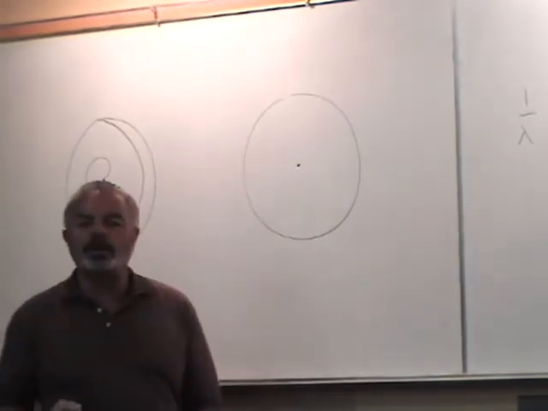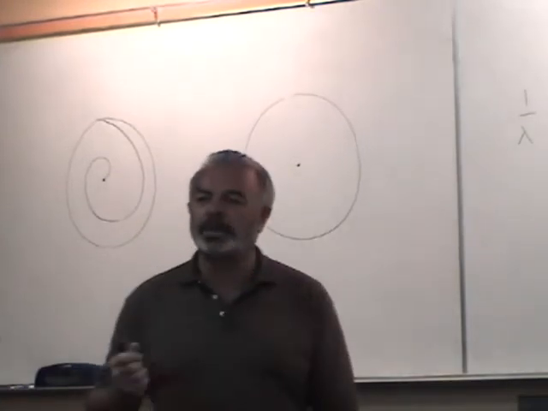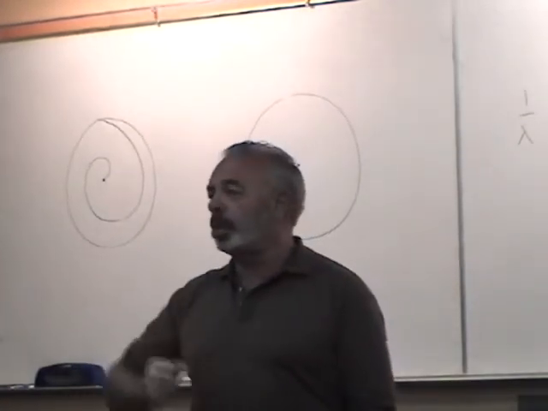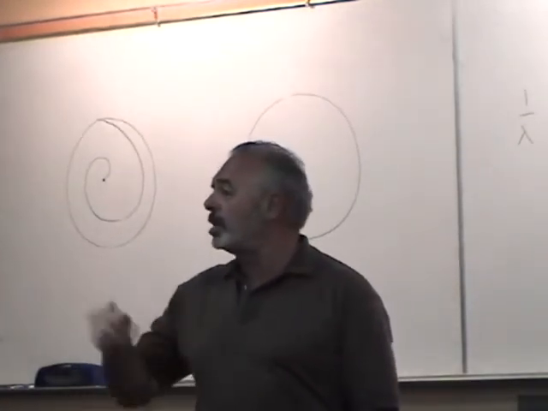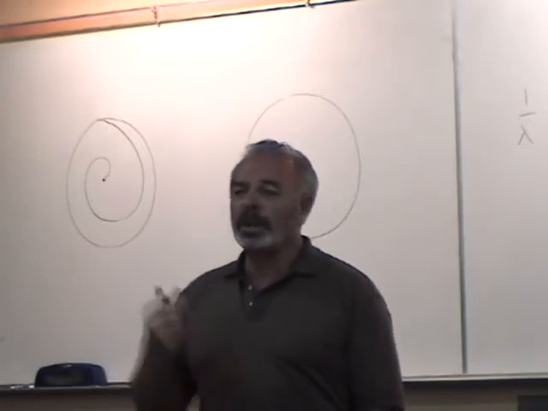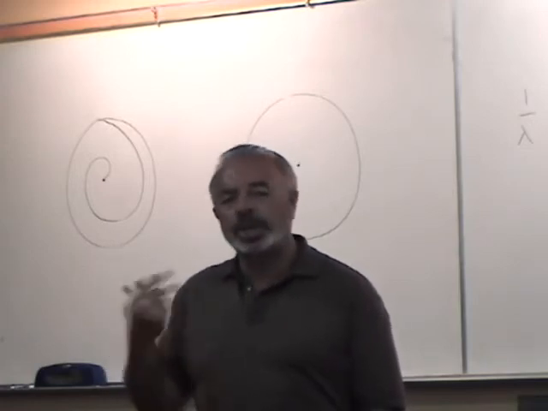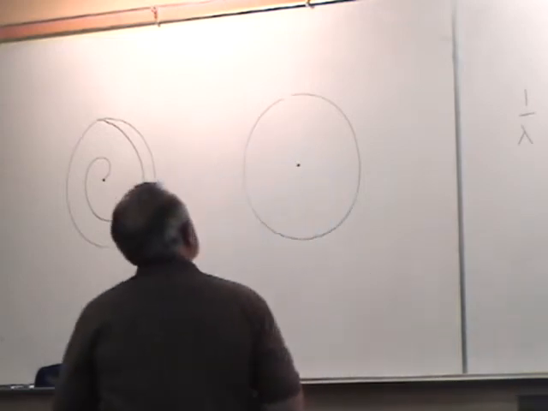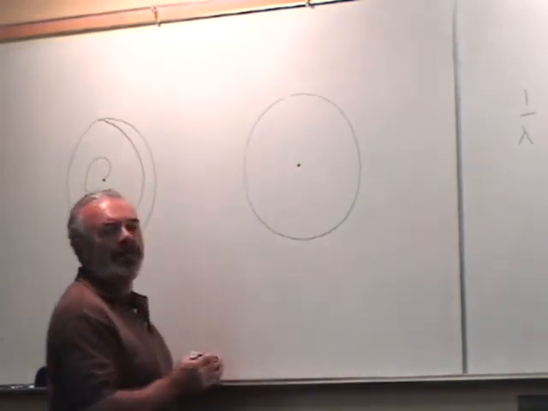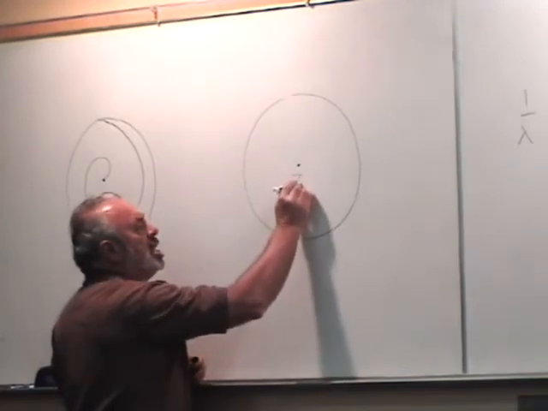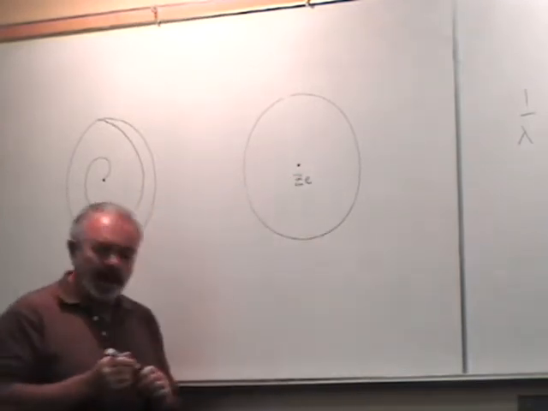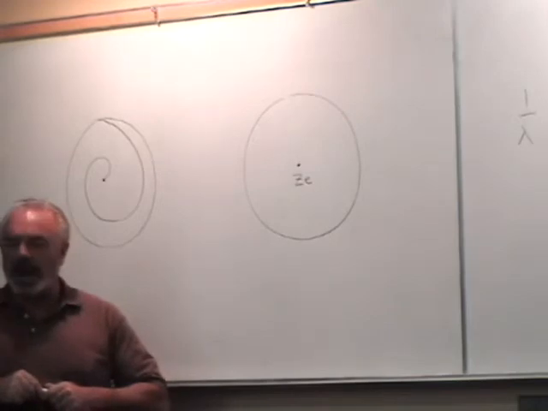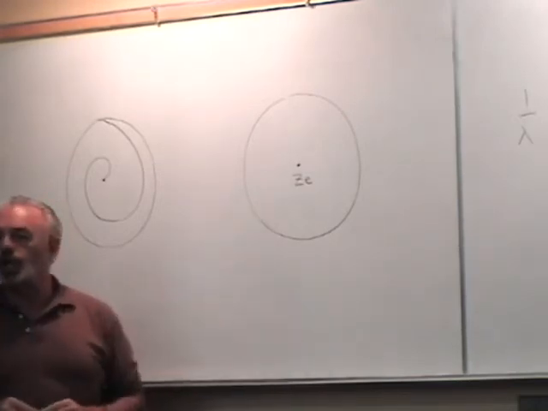So you could make a hydrogen-like atom out of helium by simply singly ionizing it. Remove one electron and you've got one orbital electron. Lithium, just doubly ionize it. Get rid of two of the electrons and you still have one orbital. Hence, therefore, I'm going to say that the charge on the nucleus is Ze, where Z is the element number and e is the charge on an electron.